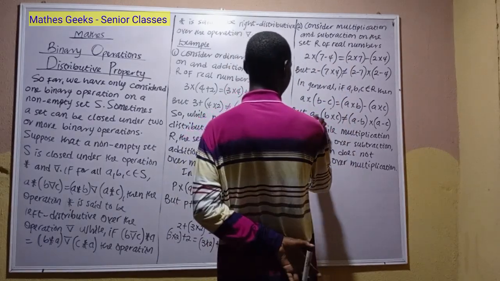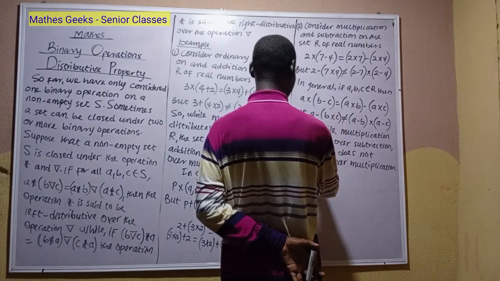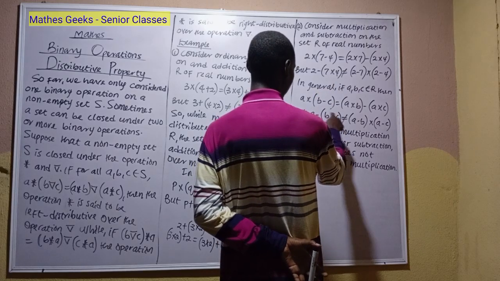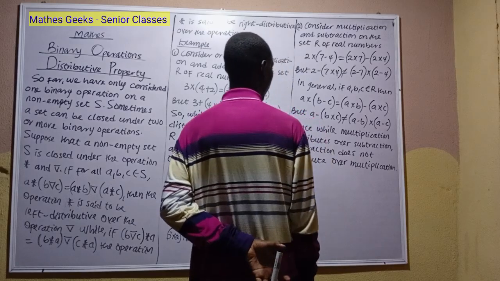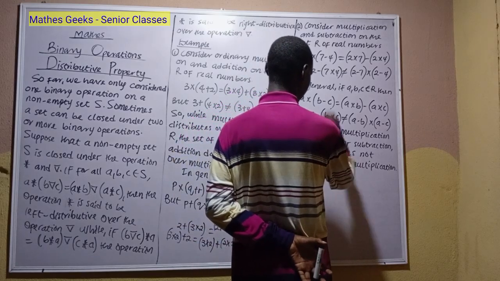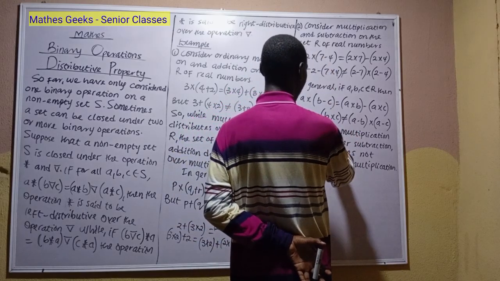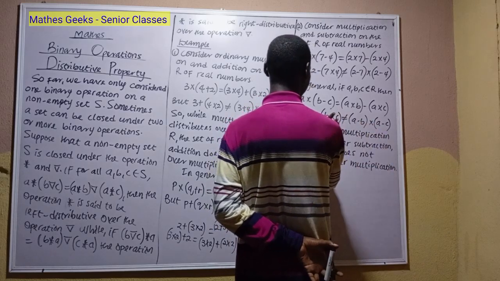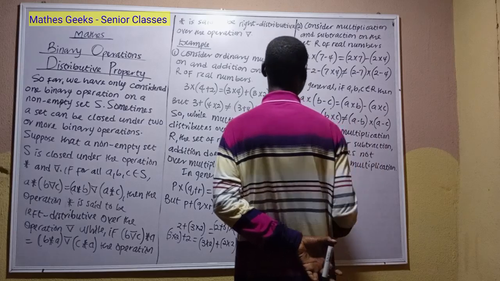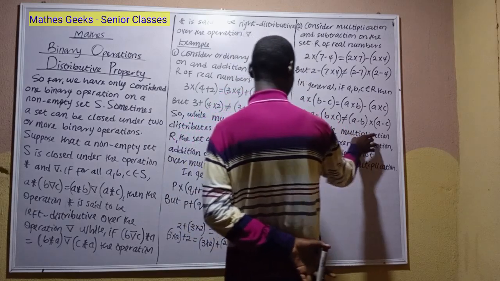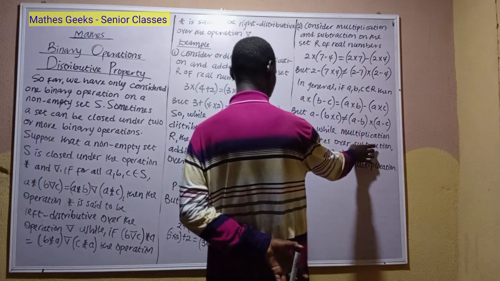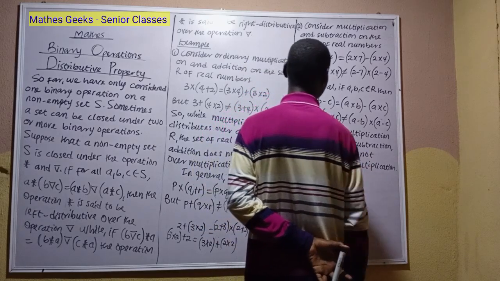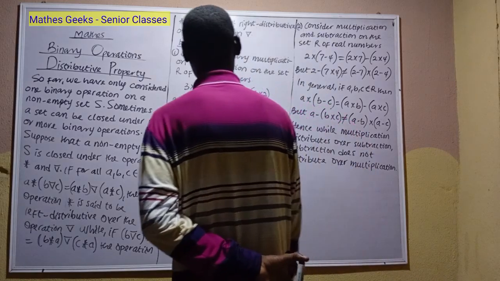But A minus (B times C) implies that subtraction distributes over multiplication, so (A minus B) times (A minus C) is not equal to this part. Hence, while multiplication distributes over subtraction, subtraction does not distribute over multiplication.